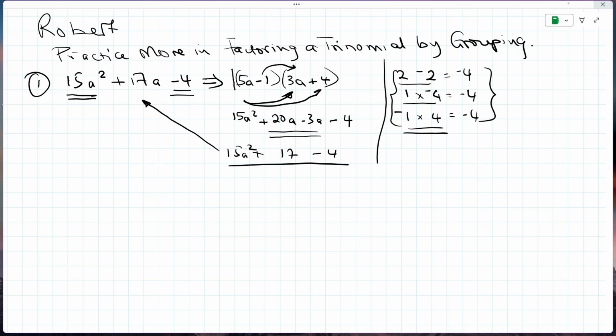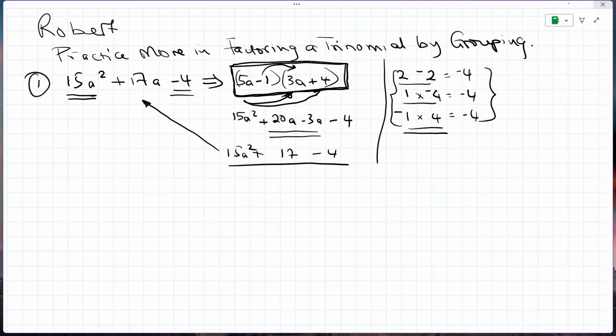That means that we have factorized our initial expression by grouping, and we have those two groups, or two factors, which when multiplied together will give us the original expression. All right.